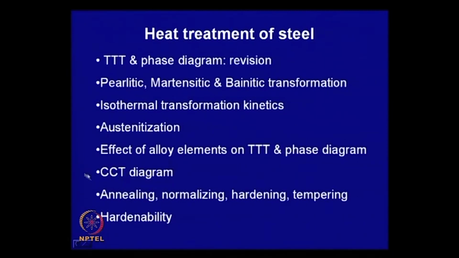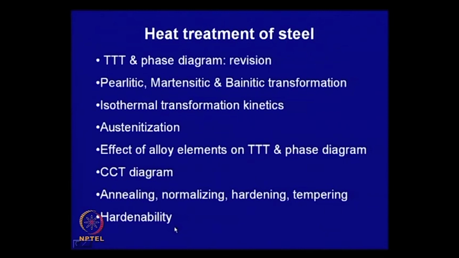So, we will see what the continuous cooling transformation diagram is. Is there a relationship between the CCT and TTT diagrams? Then we will look at a few common commercial heat treatment processes: annealing, normalizing, hardening and tempering, and we will also look at hardening.